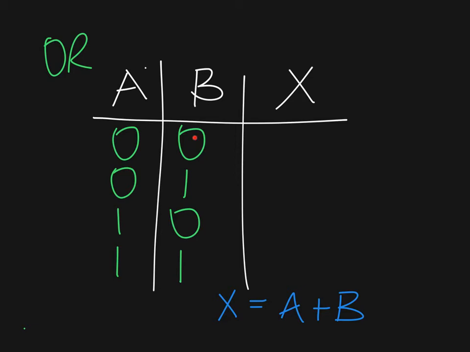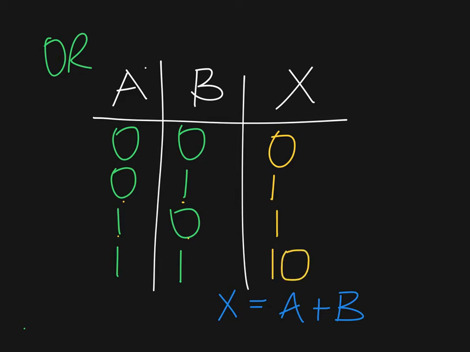So if you add 0 and 0, you get 0. If you add 0 and 1, you get 1. If you add 1 and 0, you get 1. If you add 1 and 1, interestingly enough, you get 10.